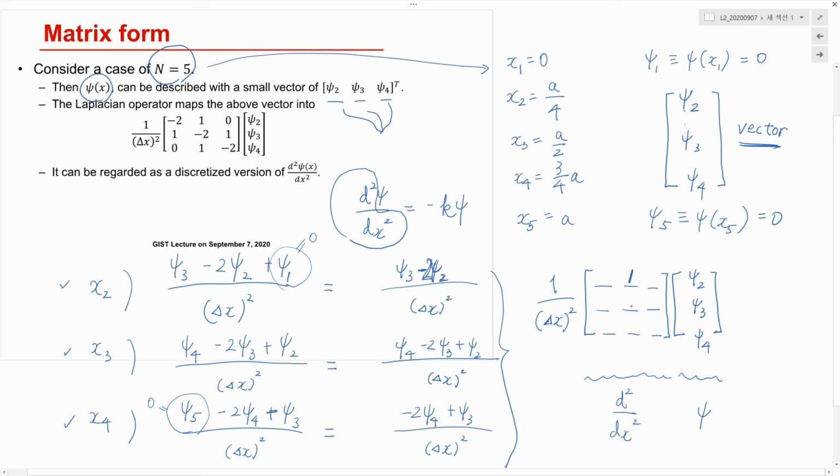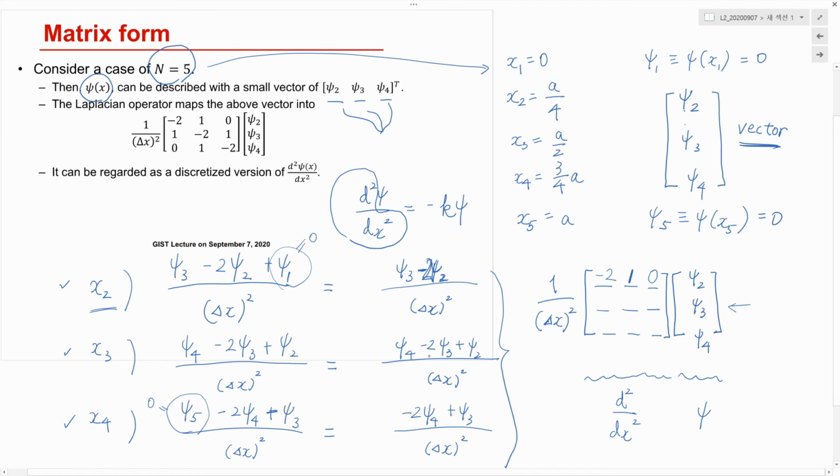How can you generate it? Minus 2. That will give us the minus 2 times psi 2. Then how about this position? This position should be kept as 0. Then if we introduce minus 2, 1, 0, one single row, that is corresponding to the Laplacian operator evaluated at x equal to x2. Then why don't you just place the Laplacian equation evaluated at x3 into the second row?